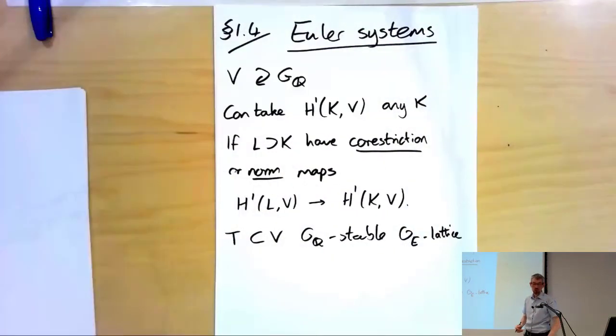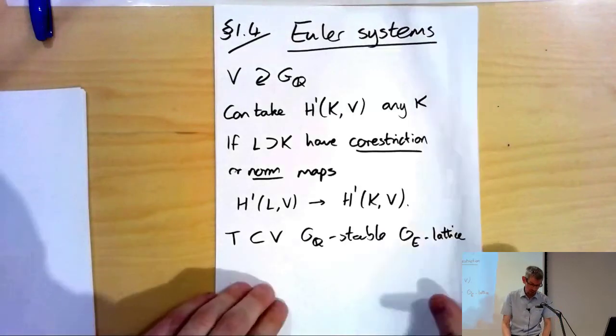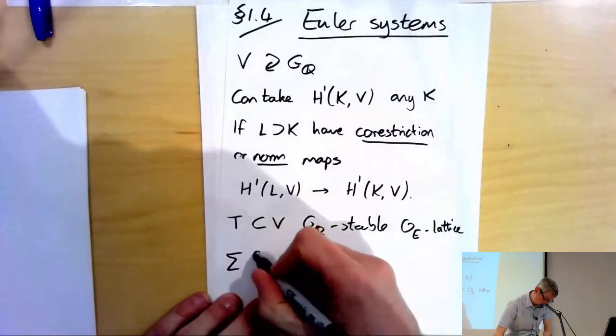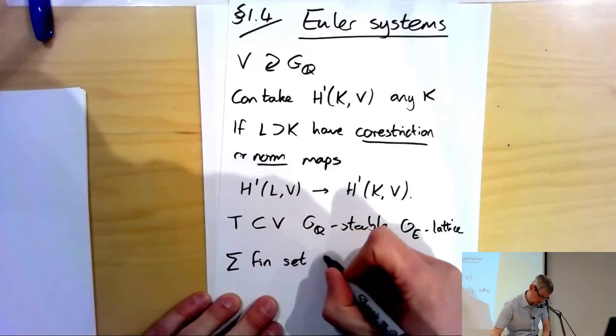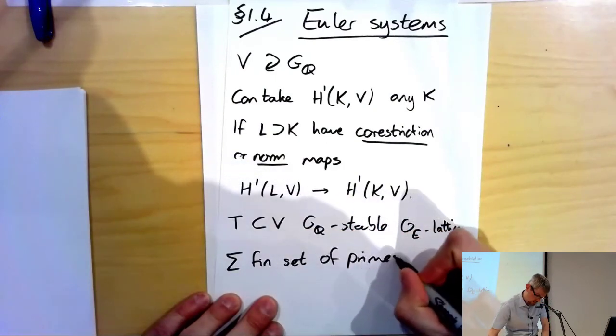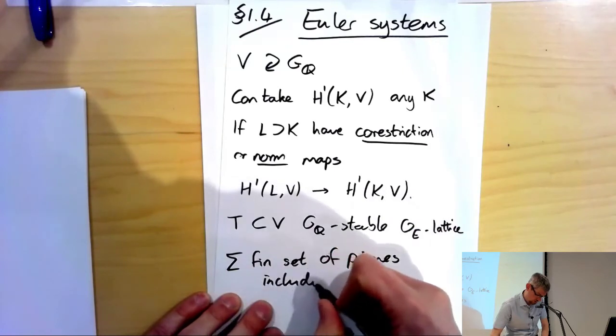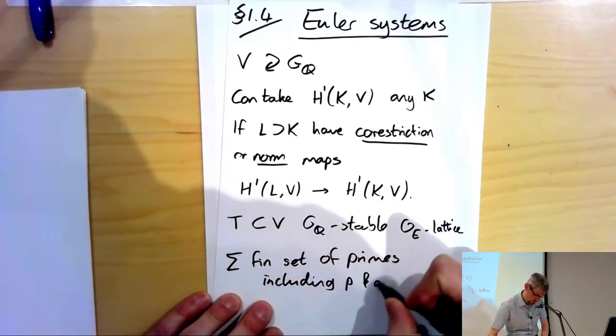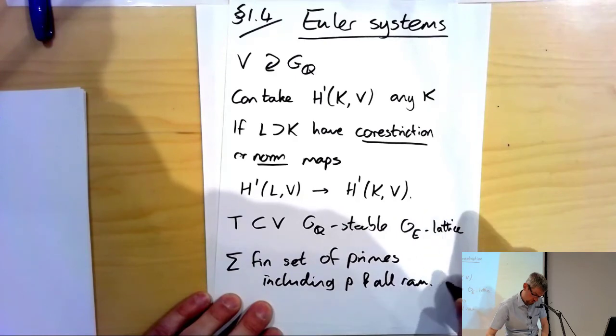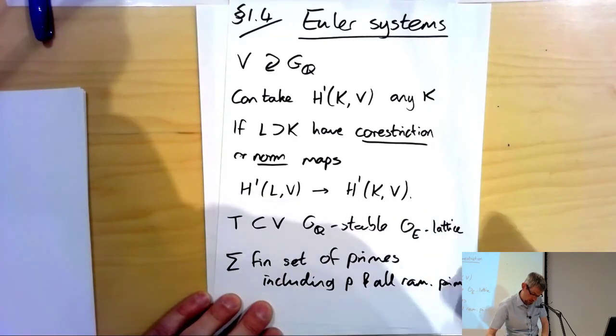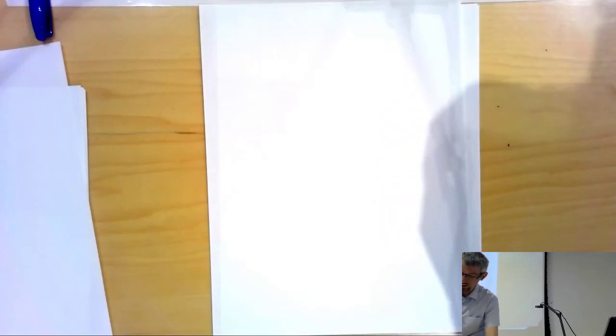And then you have cohomology and co-restriction maps for T in place of V. I'm going to fix a set of primes that I declare to be the bad ones, which will include p and all the primes where V ramifies. Now, usually, interesting Galois representations coming from geometry tend to be massively ramified at p anyway, but even if not, I'm going to assume that p is in this set.